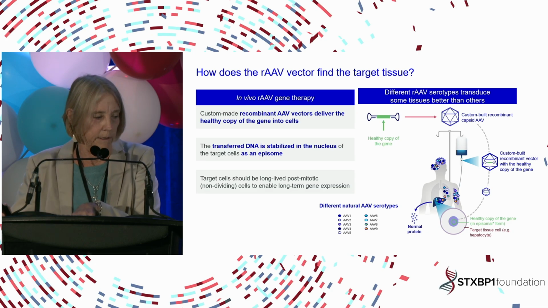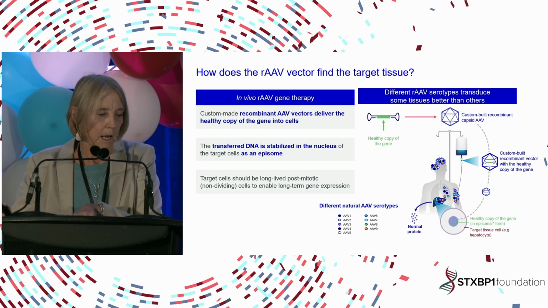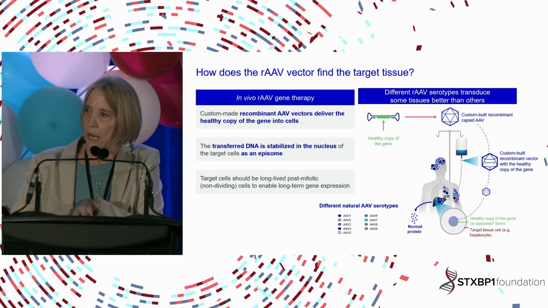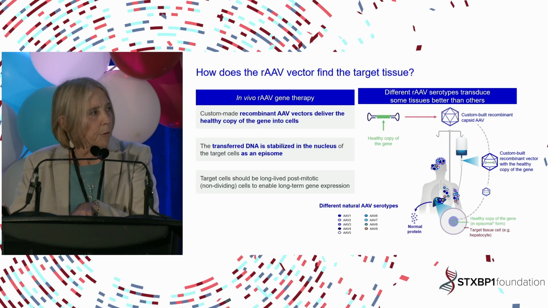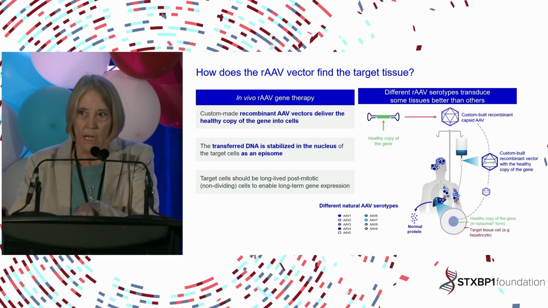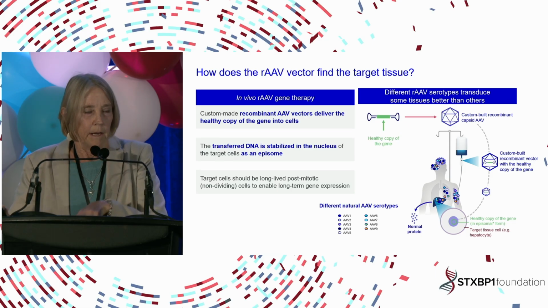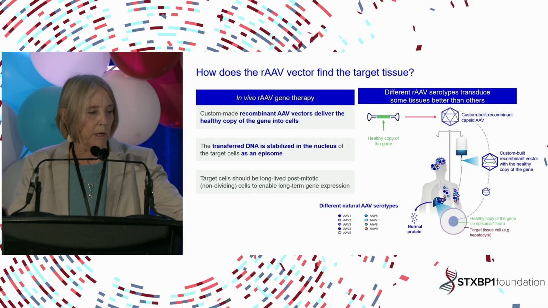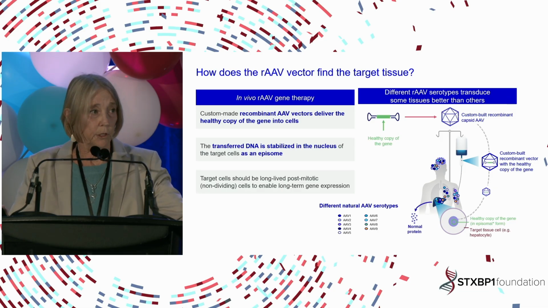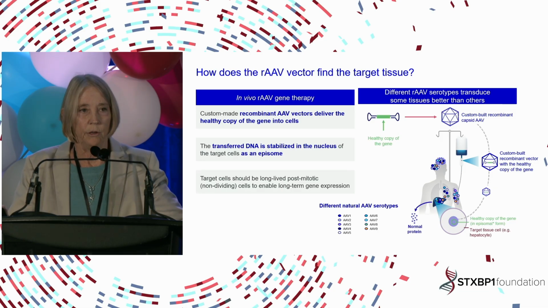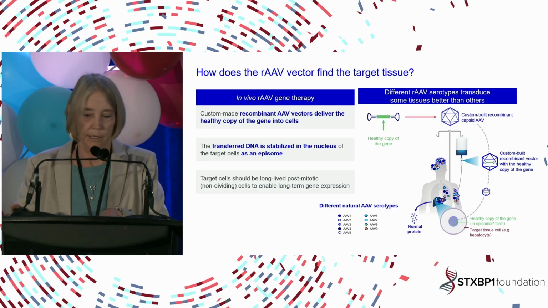It doesn't integrate into your native DNA. And it expresses, again, for the life of that cell. This is why the brain is such a good target for AAV, because there's no cell division in our brain once our brain is made in utero. And this would not be the case if we wanted to go into the blood. Blood cells turn over every few days.